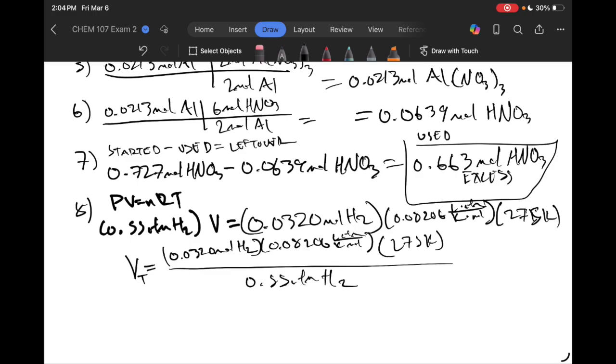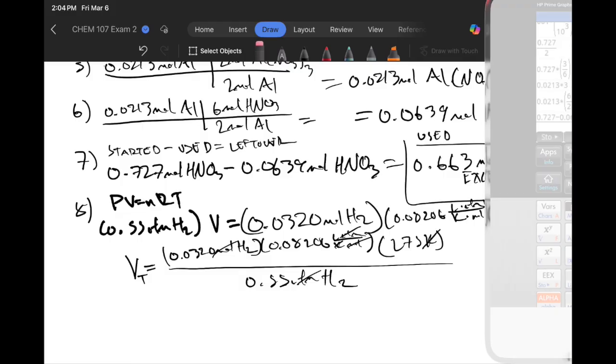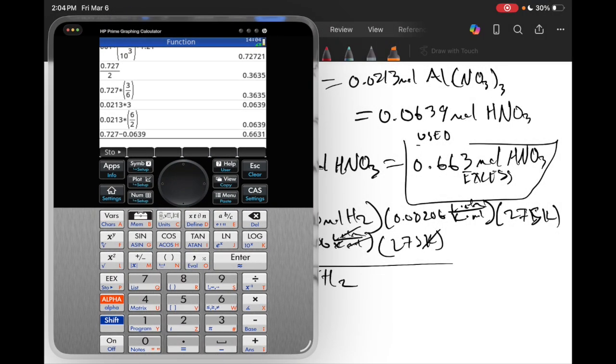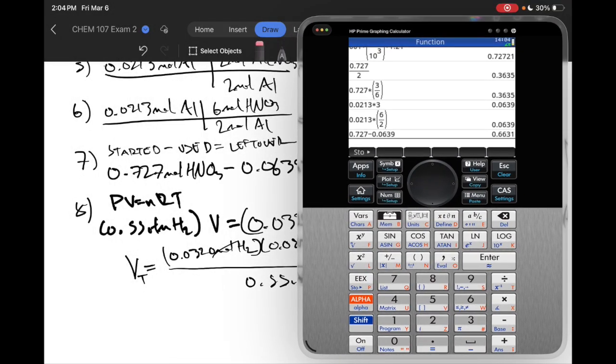Okay. So atmospheres cancel, Kelvin cancels, and moles cancel. So that only leaves us with liters of H2. So we are indeed correct with our calculations so far.